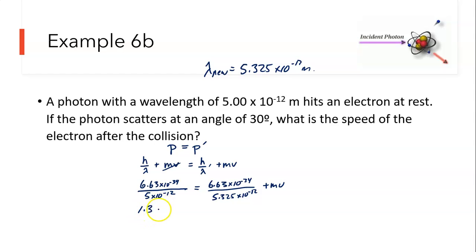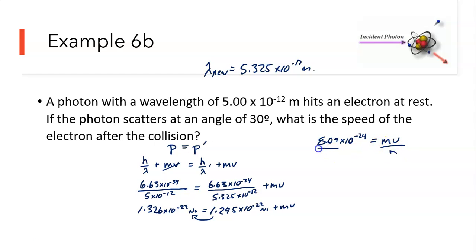So before, when you calculate it out, 1.326 times 10 to the negative 22, I'm going to use newton seconds there just to keep nice standard units and less writing. Afterwards, we've got 1.245 times 10 to the negative 22 newton seconds plus mv. Subtracting this from both sides leaves us with 8.09 times 10 to the negative 24 is equal to mv.